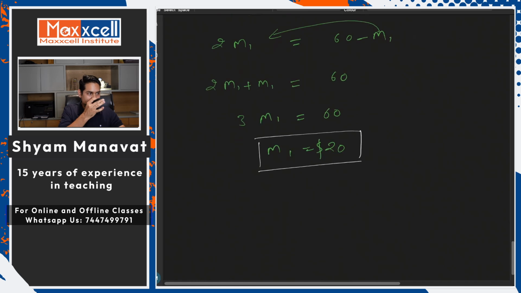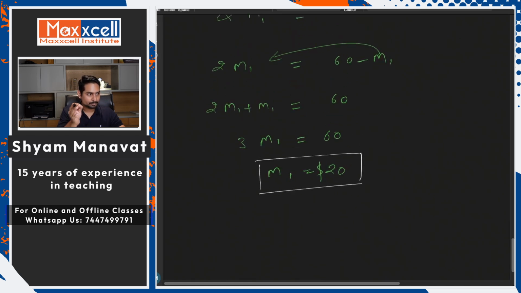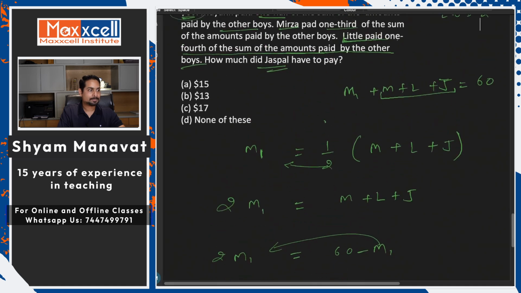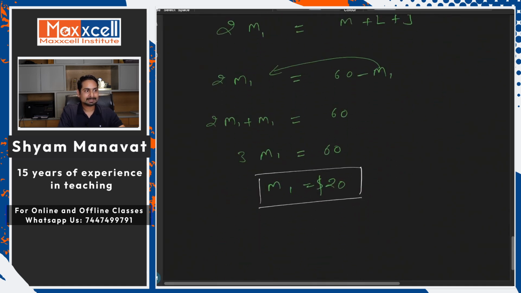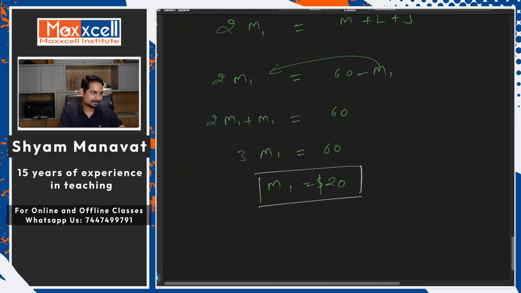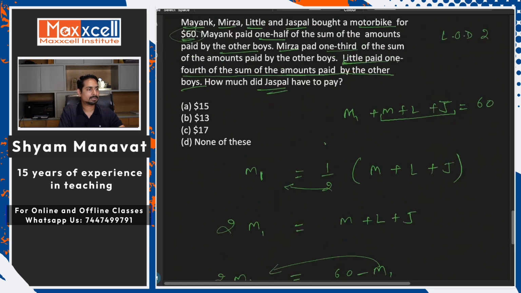The calculation is not difficult. You can understand the logic, which I am going to show you in a shorter way. I am not going to write all these steps for the next condition. Now think about it: if it is 60 minus M1, M1 will go to that side and you get twice of M1. Now for the next person, Mirza, I am going to write this step directly. Look at this, how will it work?